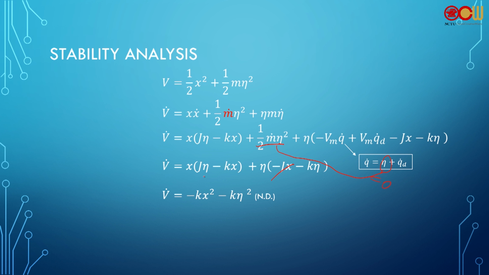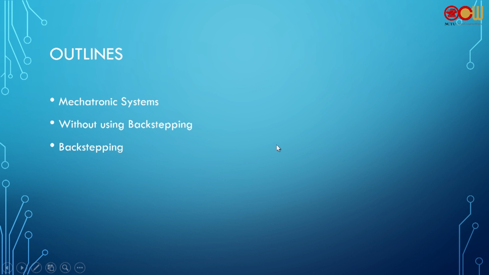This is the cross term. Okay, then you get negative definite. So that shows both x and eta go to 0. So s going to 0 is our objective. So QED.